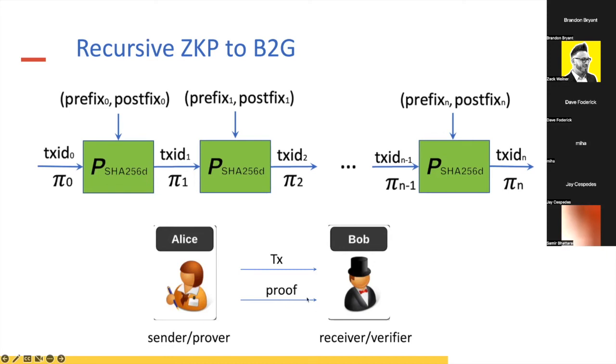I think implicitly the verifier also needs the verification key and also some public input. The public input here is pretty much the transaction ID. Anything you don't want to keep private is considered a public input.